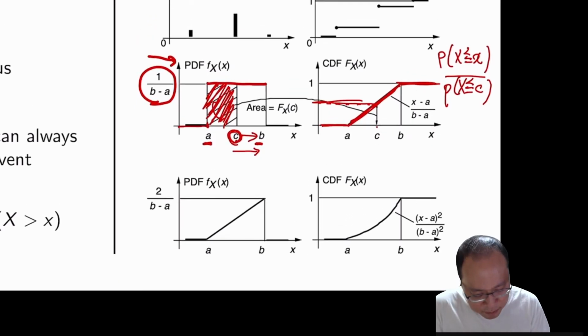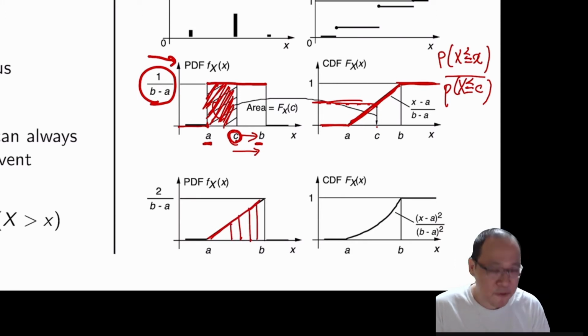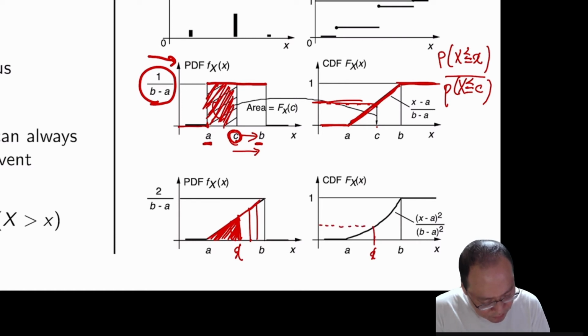What happens if the PDF is a linear function? Then we need to talk about the area under a linear function, so the CDF should become a second-order function. You can easily compute that if this is x, for example, then the area of this region should be the function value at x. Let's compute this area, okay? Let's say this height is h.